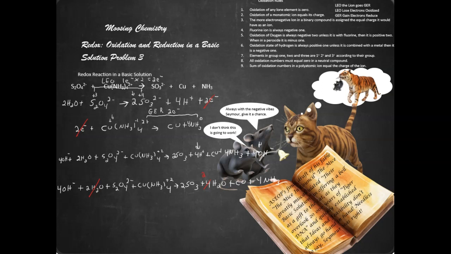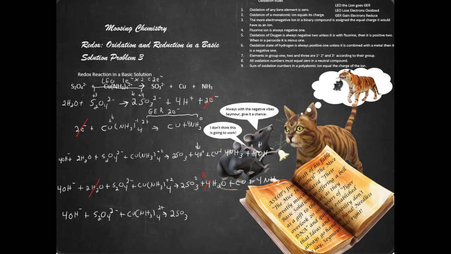All right? So our final combination is going to look like this, and then we're going to be done with this problem. It is going to be 4OH negative plus S2O4 2 minus plus Cu(NH3)4 2 plus yields 2SO3, and this is supposed to be a 2 minus.